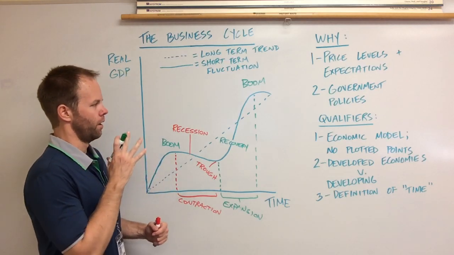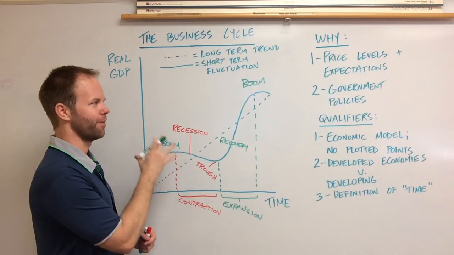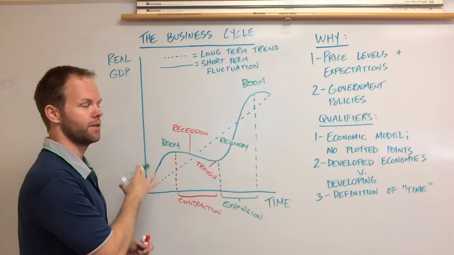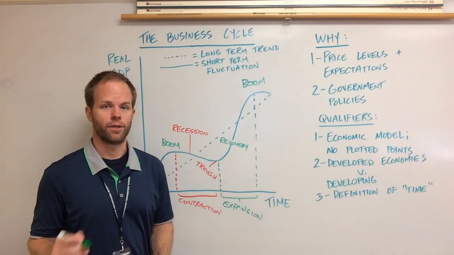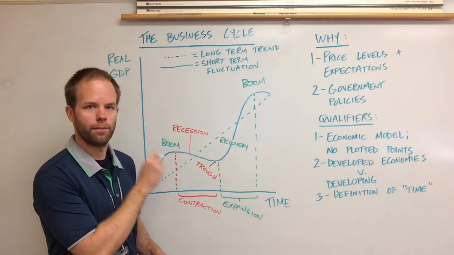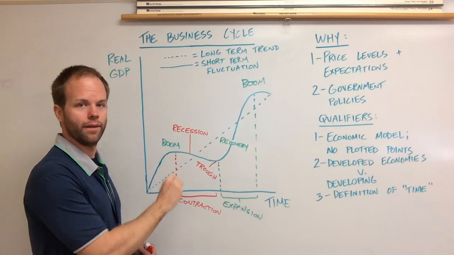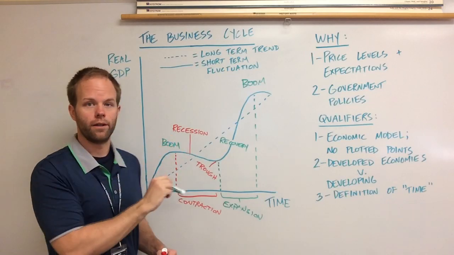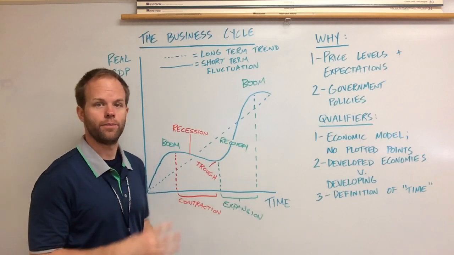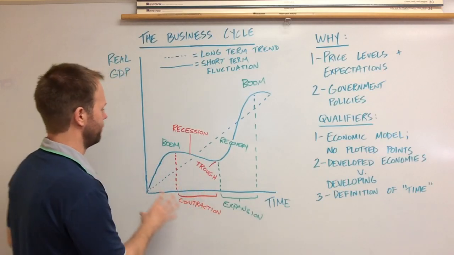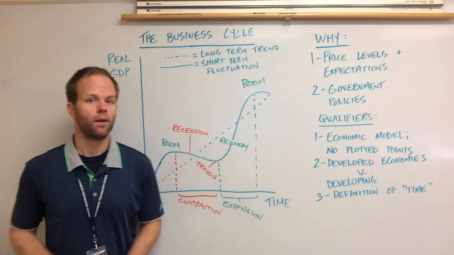But we're going to get into some qualifiers now. This is a model, okay? This is an aggregation of data. This is data points added up over time for multiple countries, and it typically looks something like this, okay? This is not a list of plotted points for one individual country, although for certain countries at certain times, you could pick out a real GDP and a time that looks very similar to this.